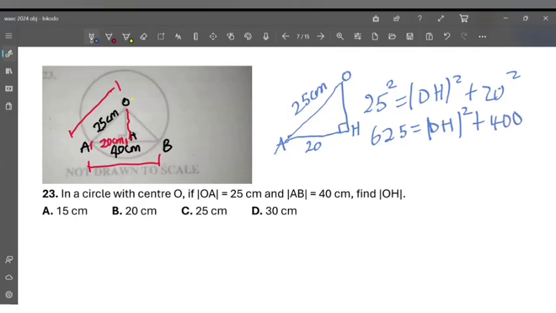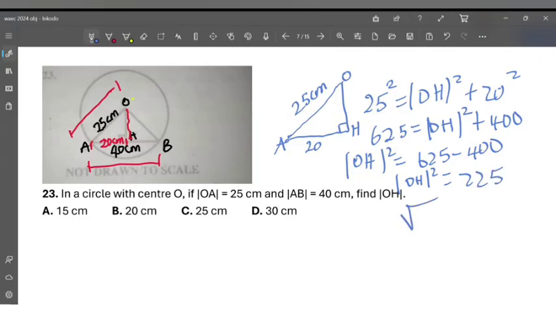So when I subtract, OH squared is equals to 625 minus 400. So OH squared is equals to 225. Taking the square root of OH squared, I'm going to square root 225 also. It means OH is equals to 15 centimeters. Option A.